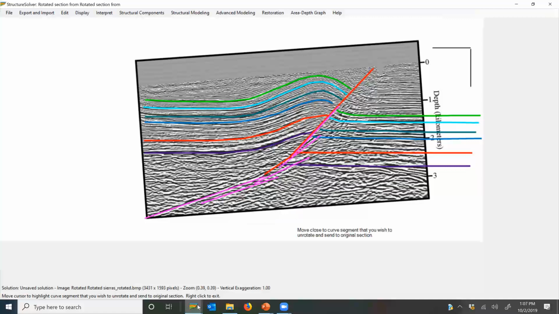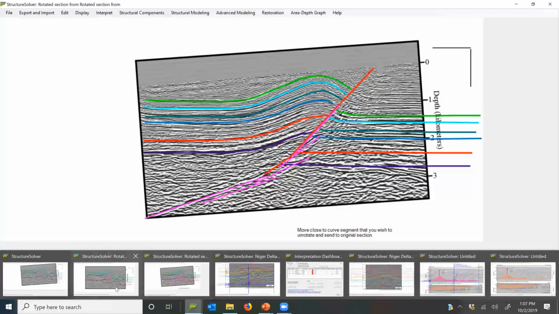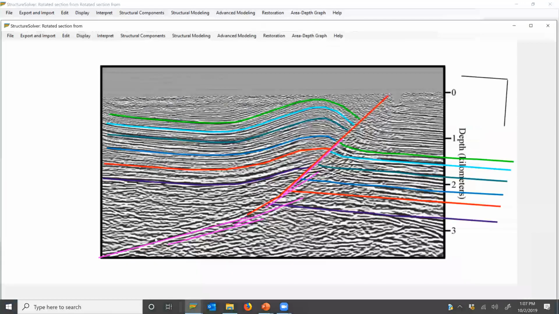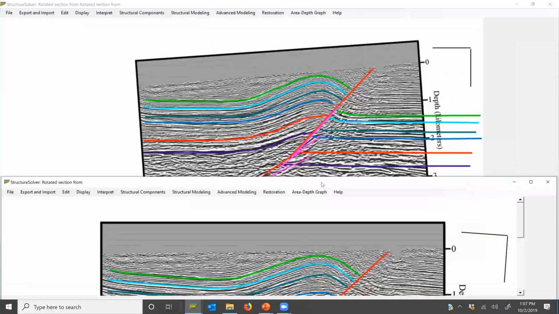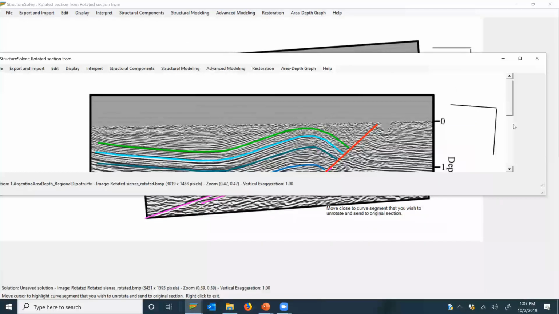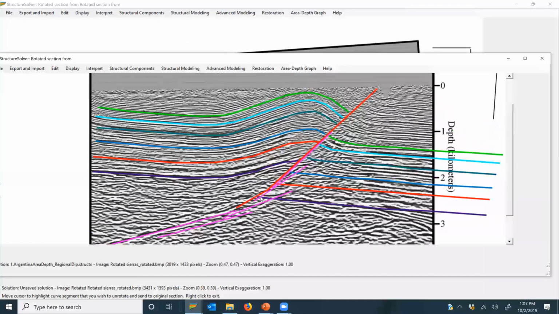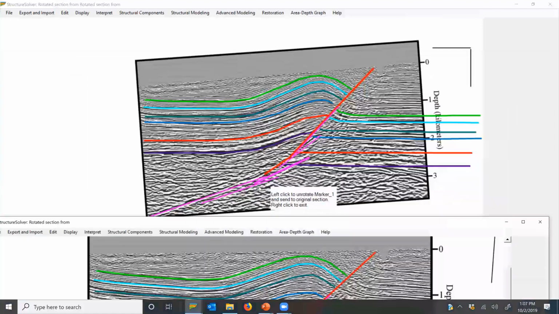Yep, and now this is our, and so there they are in the unrotated space. So this is our rotated section, and this is our original unrotated section that has the regional dip on it. So there's that kind of fault envelope that we created and immediately put them back.